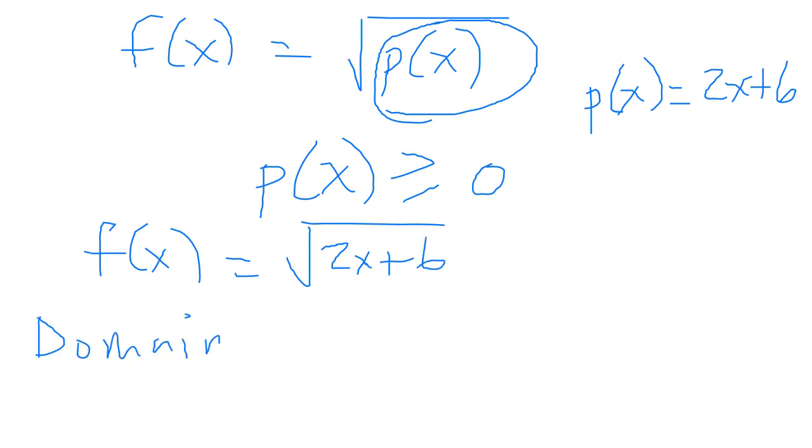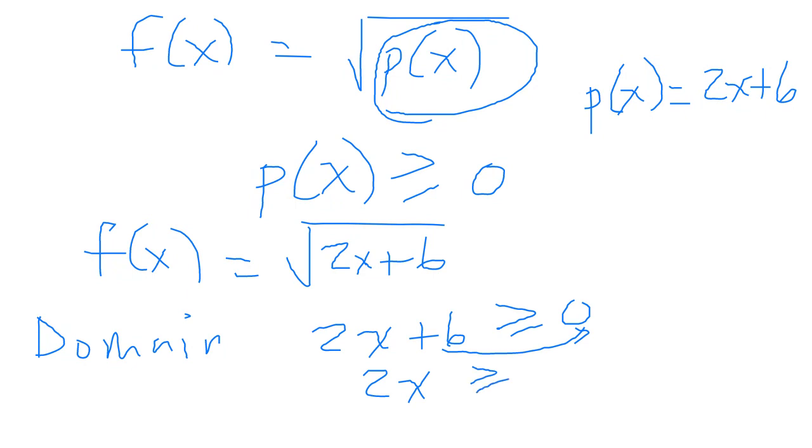My domain is going to be 2x plus 6 greater than or equal to 0. Now I have to solve this. I move this across, and have 2x greater than or equal to negative 3. I divide by 2, I divide by 2. So x should be greater than or equal to negative 3 over 2.